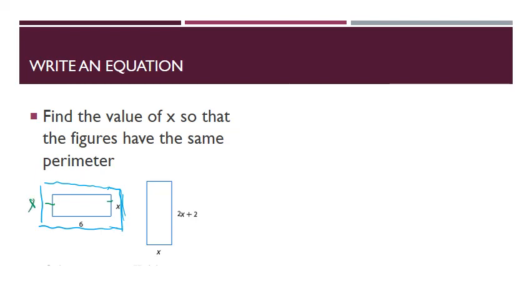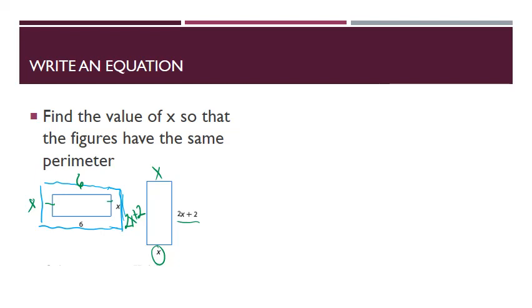And if this side has a value of 6, then this side must have a value of 6. The same thing is true with this second rectangle. If this side has a value of x, then that one's going to have a value of x. And if this side is 2x plus 2, then this side is also going to be 2x plus 2. And if the perimeters are the same, they would be equal to each other.